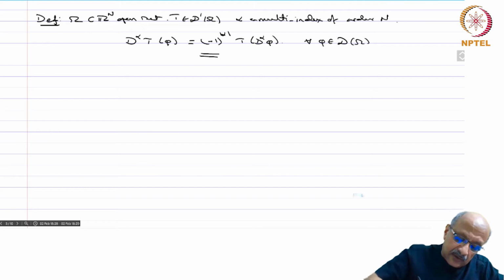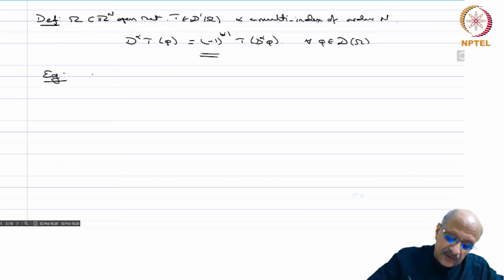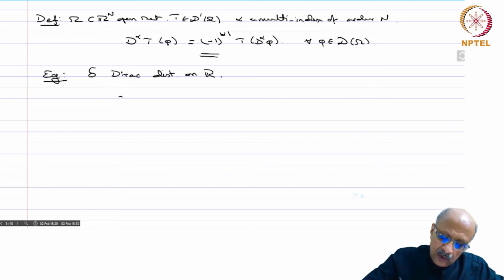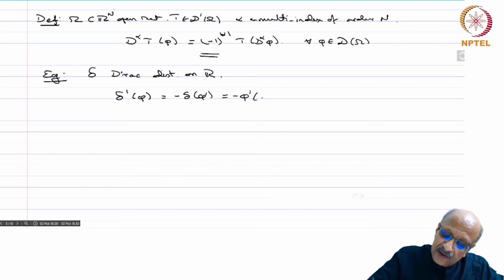So now let us look at some examples. First let us consider the delta Dirac distribution on R. So what is delta dash acting on phi? This is minus delta acting on phi dash, and that is equal to minus phi dash of 0.